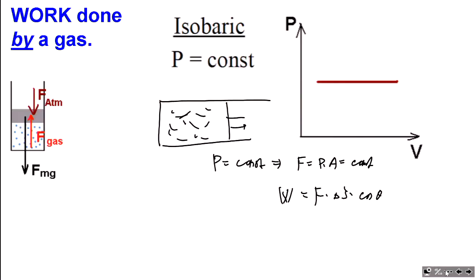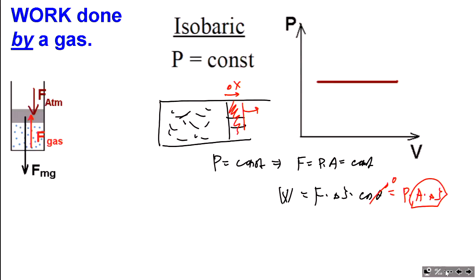In my example, if the gas pushes to the right on the piston, this is the displacement. Force points to the right, displacement points to the right, the angle is 0, and the force is equal to pressure times area, and area times displacement will be equal to the change in the volume of the system.